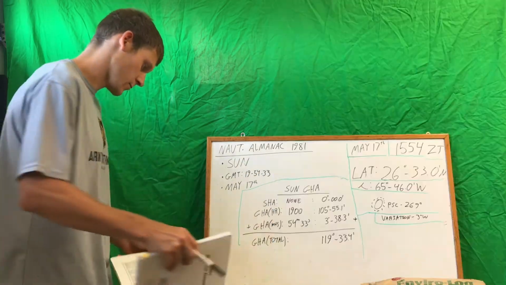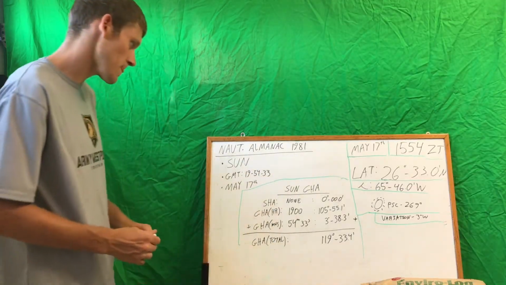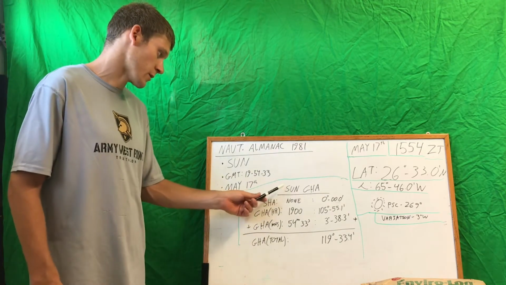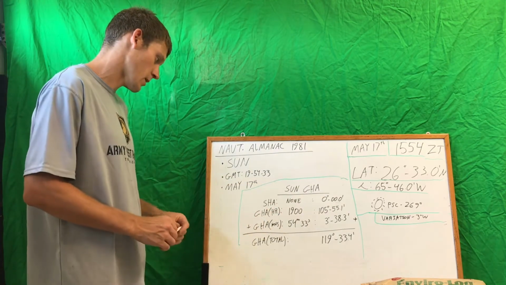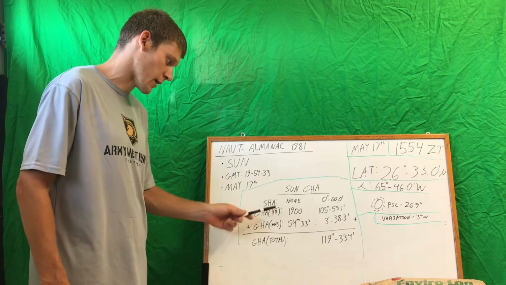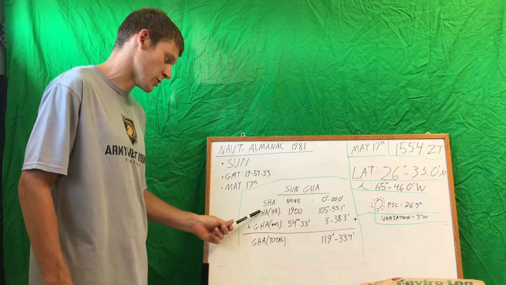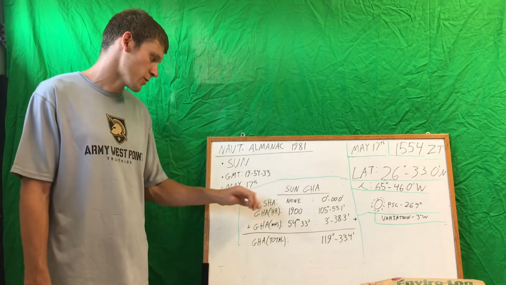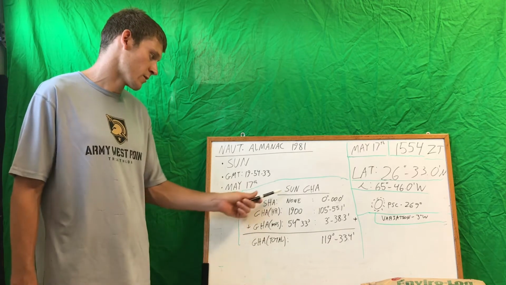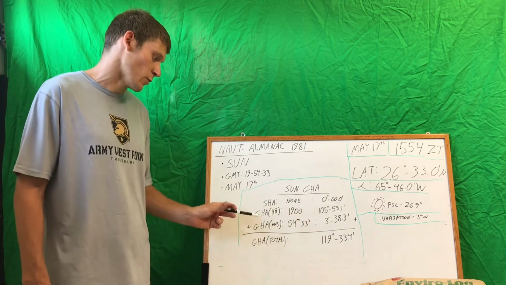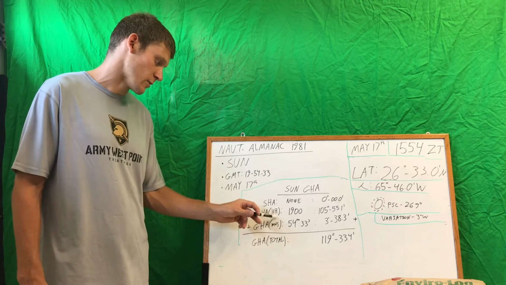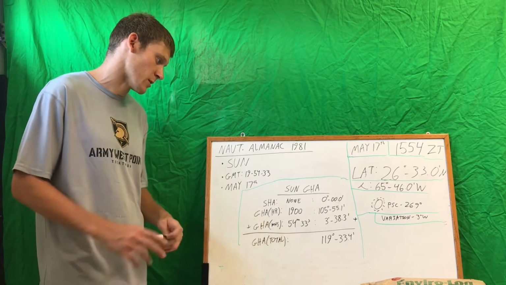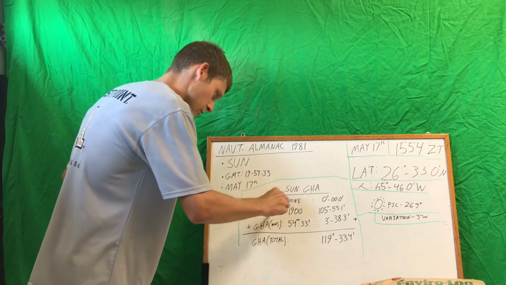So coming back from that picture back here, we're going to find our sun's total GHA by adding the sidereal hour angle to the Greenwich hour angle. Fortunately for us, the sun has none. So we just need to worry about the GHA hours and the GHA minutes. So you cross that out.